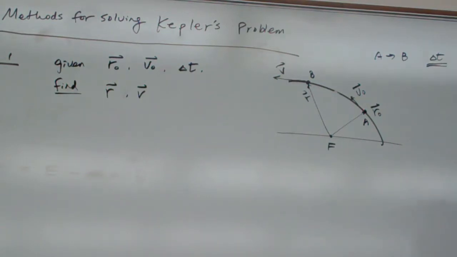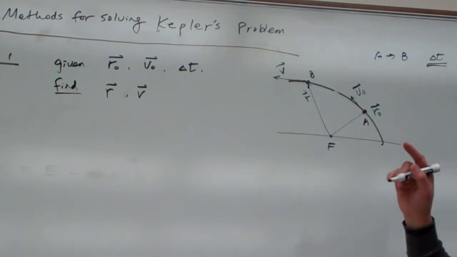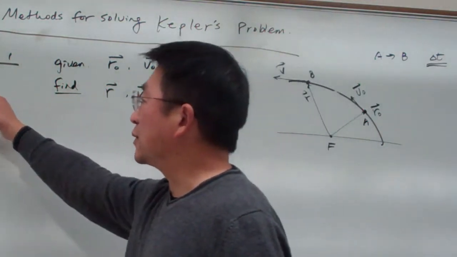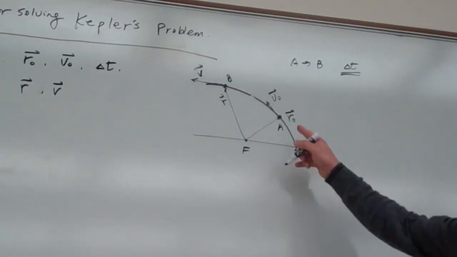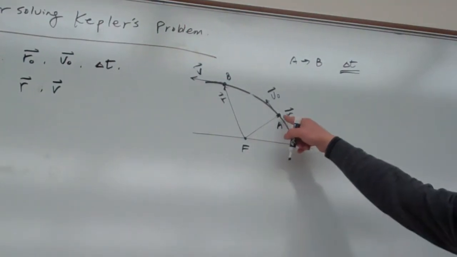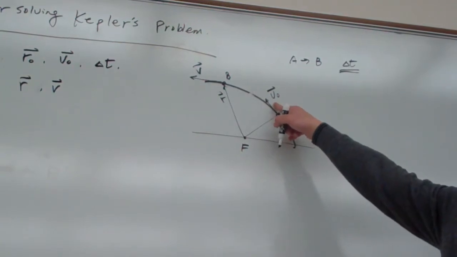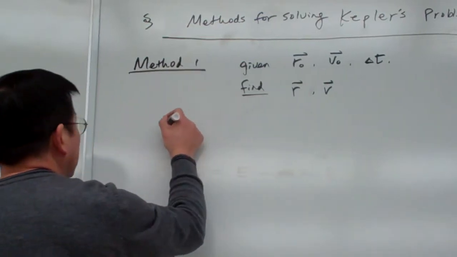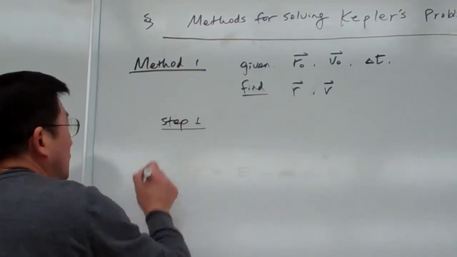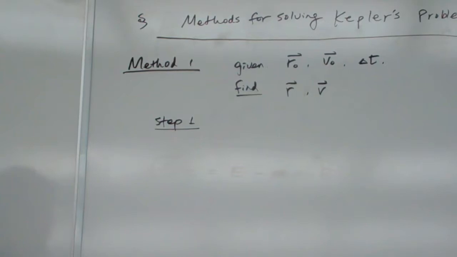So the first method is what we have done before. By all means, here we are only given the initial position and initial velocity. So the step is this: you have to determine the orbital elements first.